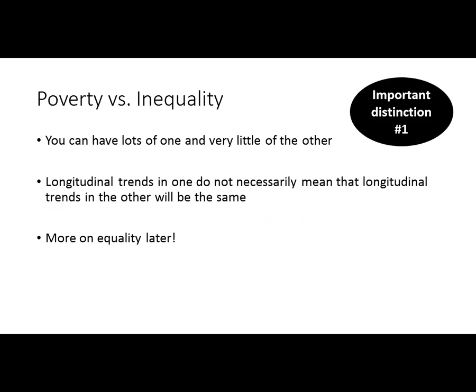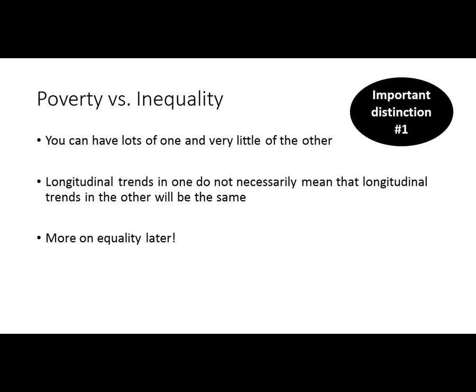So there are a few important distinctions that it's important for you to know. Poverty is not the same thing as inequality. You can have lots and lots of poverty and very, very little inequality. If everyone in the society is very, very poor, then you would have lots of poverty and very little inequality.